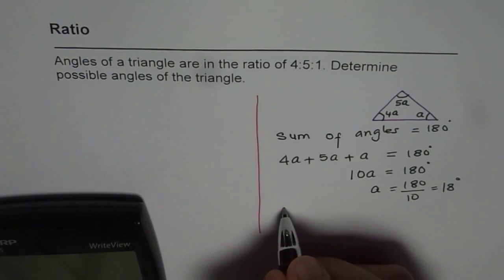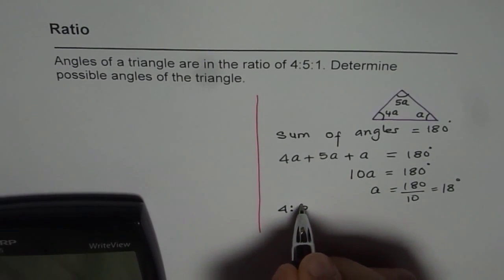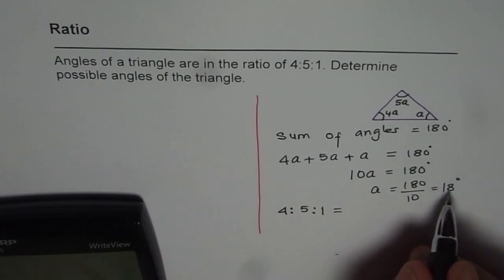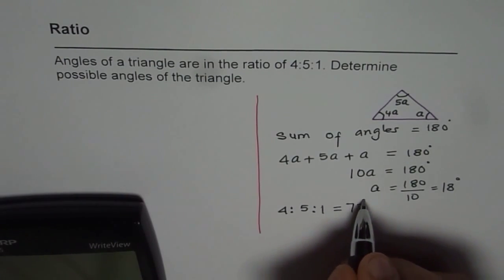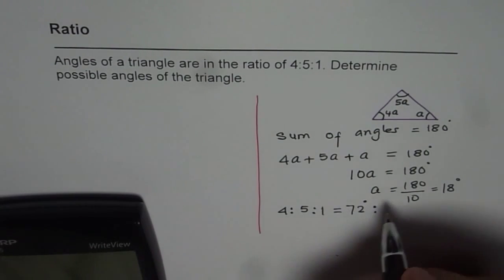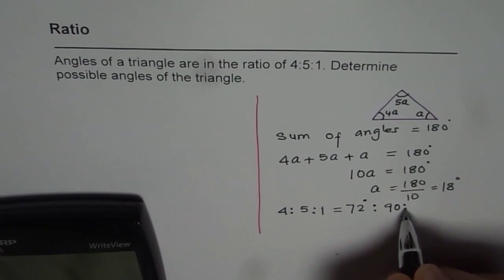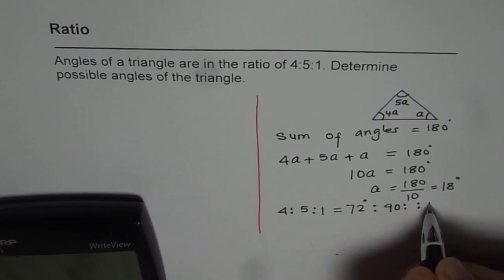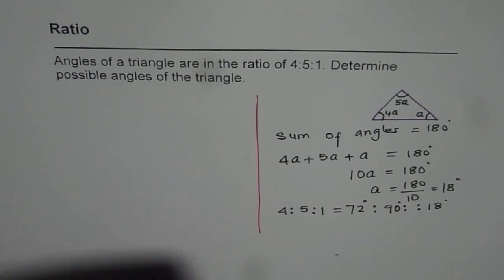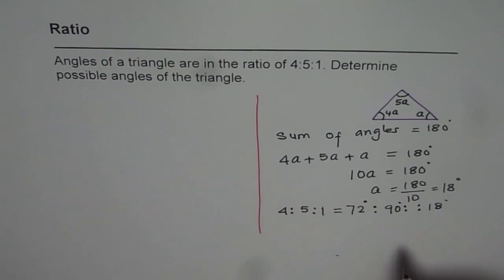So we say if the ratios are 4:5:1, that means this is equal to 4 times 18, which is 72 degrees, is to 5 times 18, that is 90 degrees, and A we know is 18, 1 times 18, right? So these are the angles, right? That's one way of solving the question.